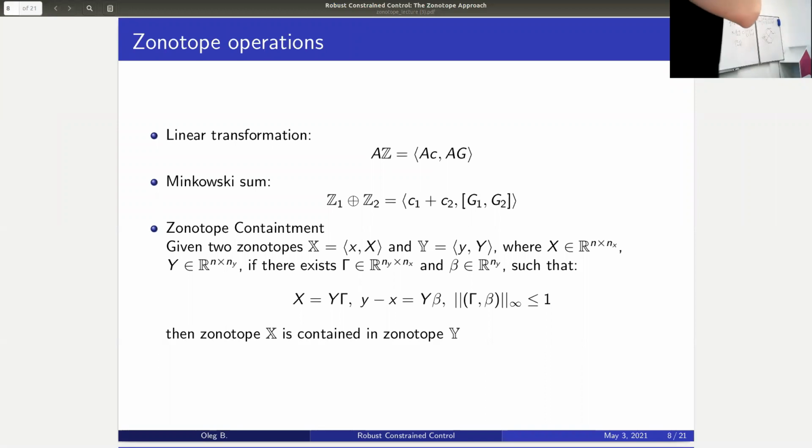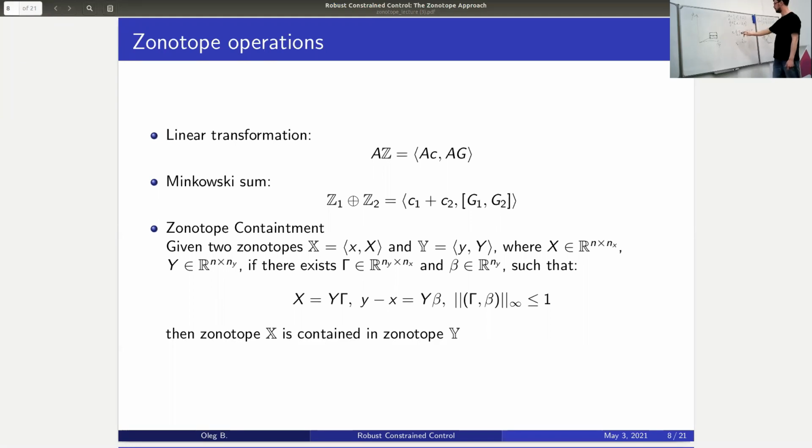First, it's linear transformation. If our state is described in this form and we apply some dynamics to this state, and we want to describe its k plus 1 step as Ax, where x is our Zonotope, we just apply the linear transformation A to the center and generator.